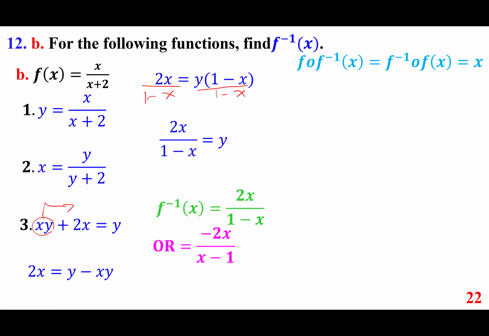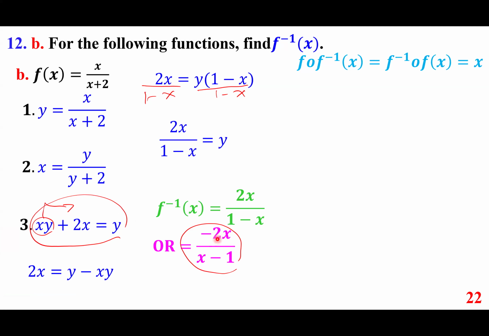What I like to add here is the following. Depending upon how we move this, remember, even right here, you could move the y to the left and 2x to the right, you end up with this format. And please understand, these two are the same. So depending on how you moved it.